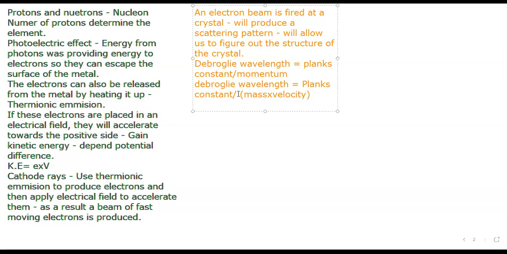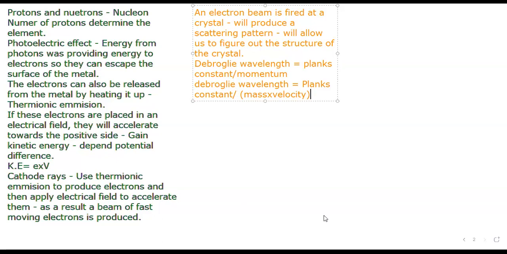Now, when we go ahead and we talk about it, so this is the basic concept when we talk about the structure of our atom. Now, let's go into stuff that we do not know.